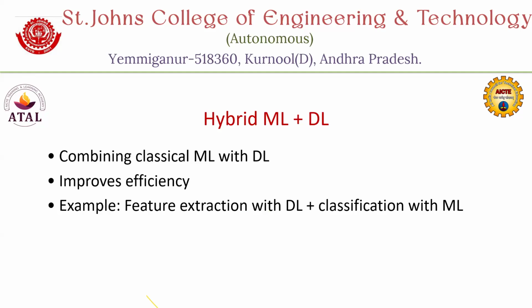It combines classical machine learning and deep learning, where ML is lightweight and interpretable, whereas deep learning offers higher accuracy but requires more computation and more data. If I combine the advantages and disadvantages of both ML and DL, it is called a hybrid model.